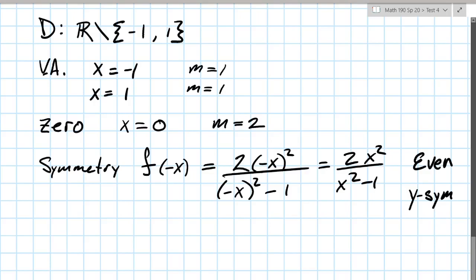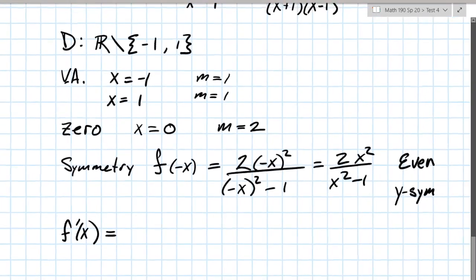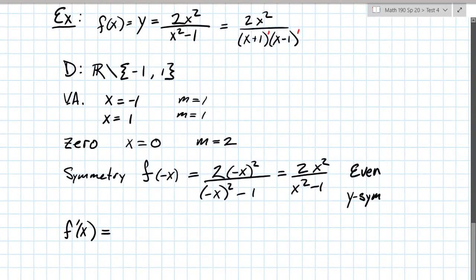Next we can look at the first derivative. We've got two options. We can take a look at the first one or the second one. With the first one, we have a quotient rule. With the second one, we have a quotient rule where the derivative of the bottom is a product rule.